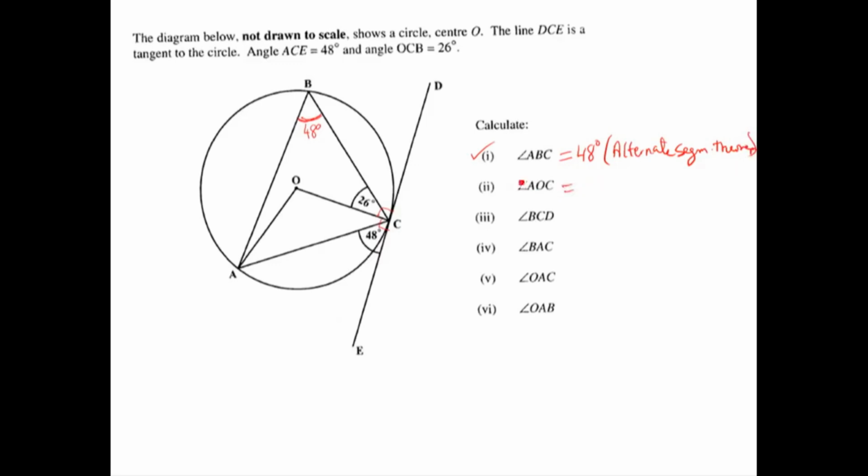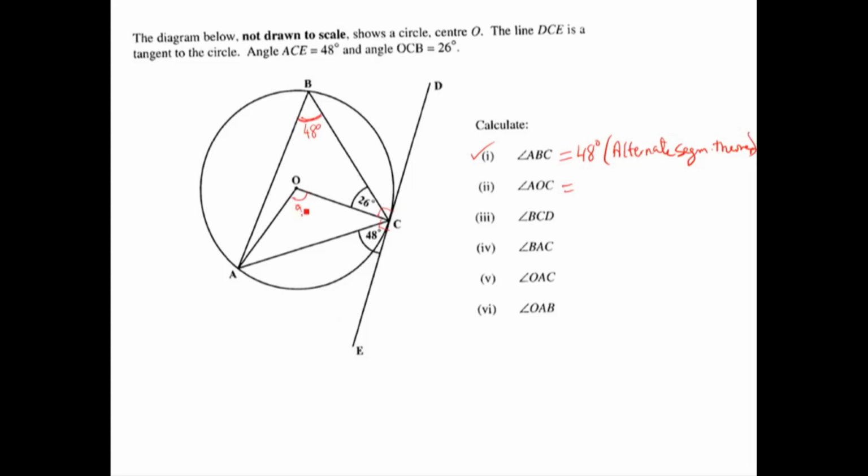Okay, so that's 48 degrees. Angle AOC, so angle A to O to C, this angle here. Now we notice that angle B has both legs standing on AC, and angle O at the center has both legs standing on the same AC. So angle at the center is twice the angle at the circumference.